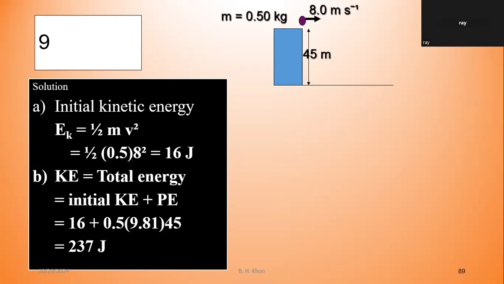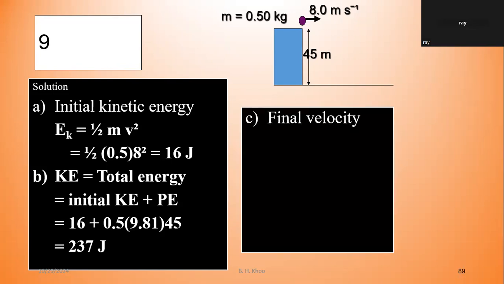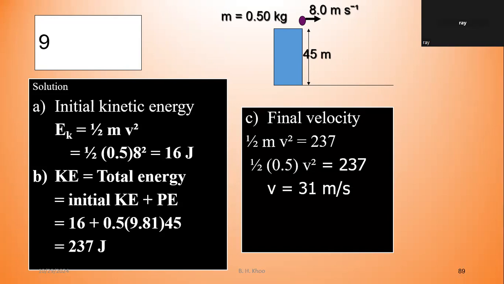Then from the kinetic energy, we should know the speed. Half mv squared. Put in your values and calculate it out. Remember, this is the final speed, but it has a direction, so this is the final velocity rather than speed.